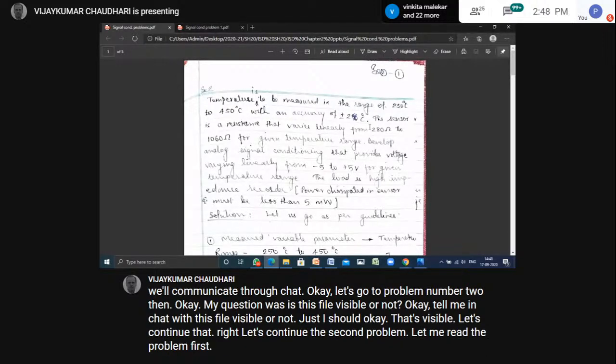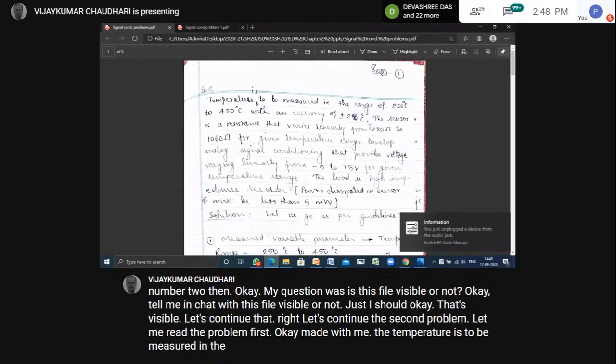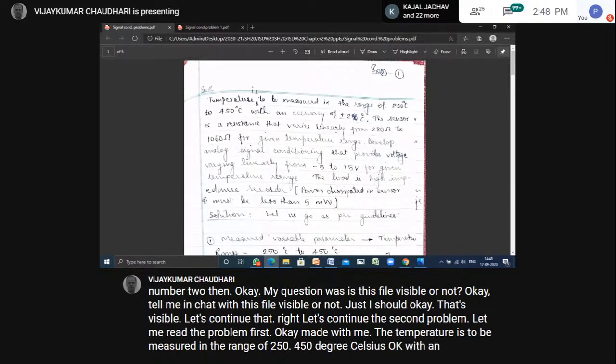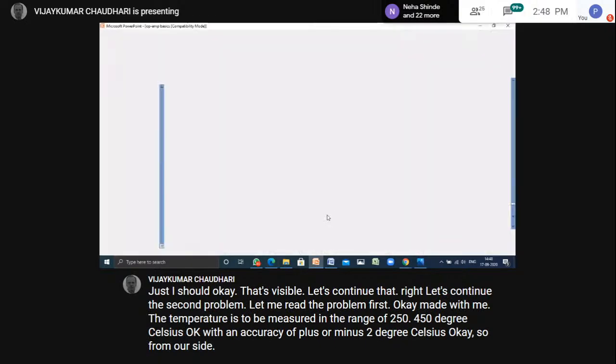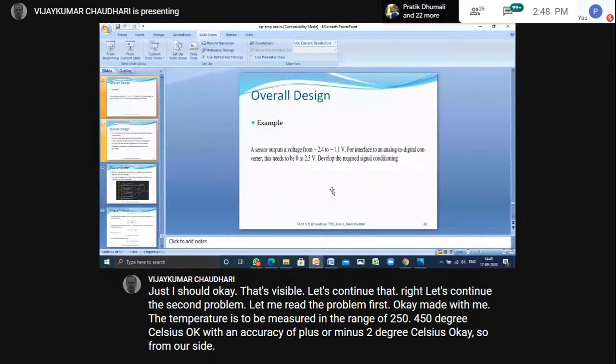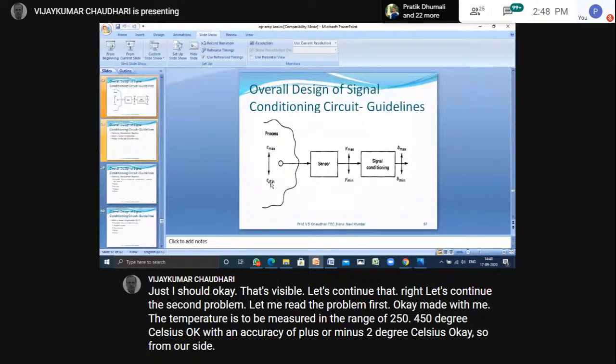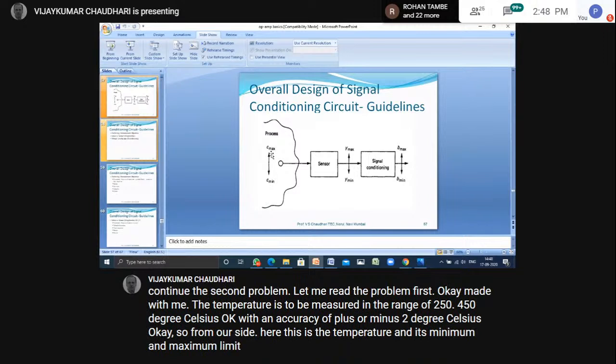Read with me. The temperature is to be measured in the range of 250 to 450 degrees Celsius, with an accuracy of plus or minus 2 degrees Celsius. So from our side, this is the temperature, and its minimum and maximum limit with accuracy are given.